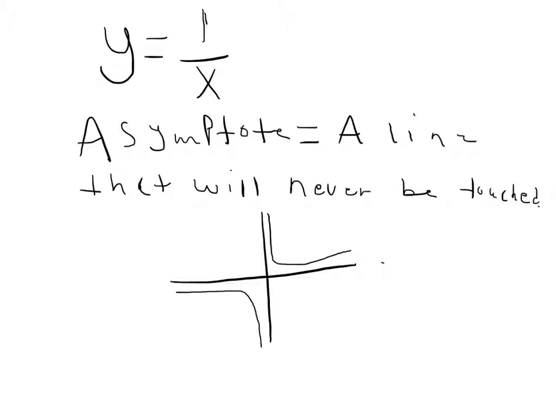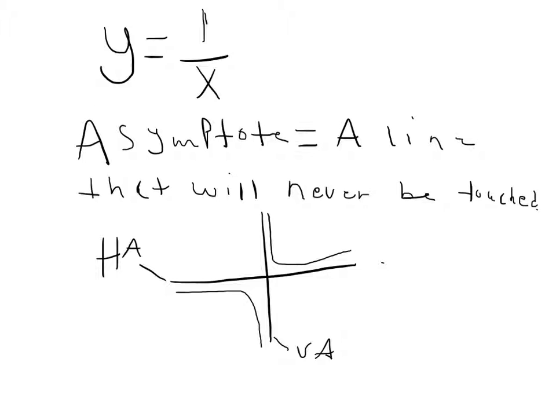This is your horizontal asymptote, and this is your vertical asymptote. And this little circle out here is your point of intersection. The general equation for solving and graphing these is y equals a over x minus h plus k.